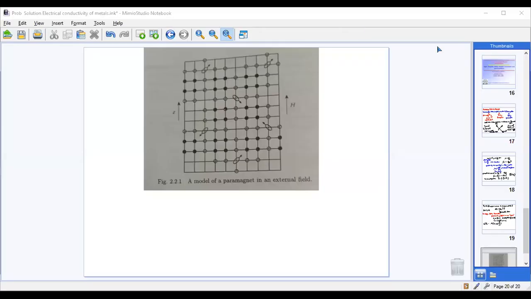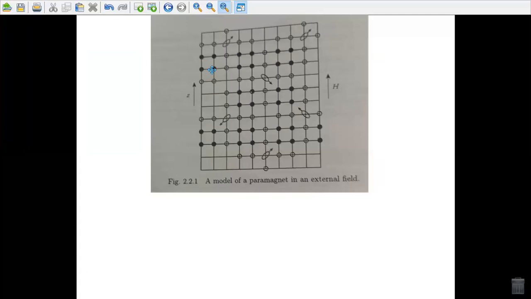So the figure shown depicts a lattice on which there are spherical atoms, black and white, which have zero magnetic moments.